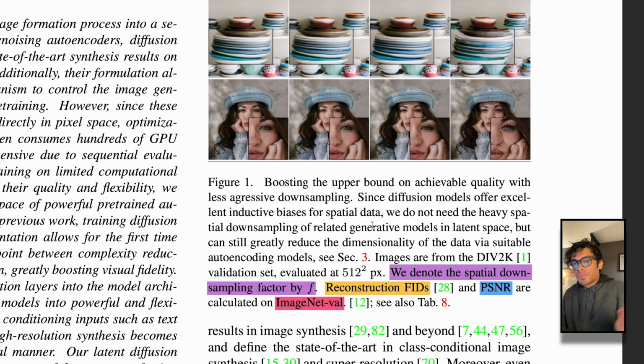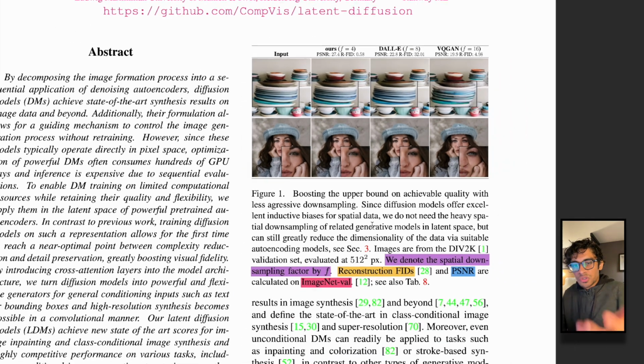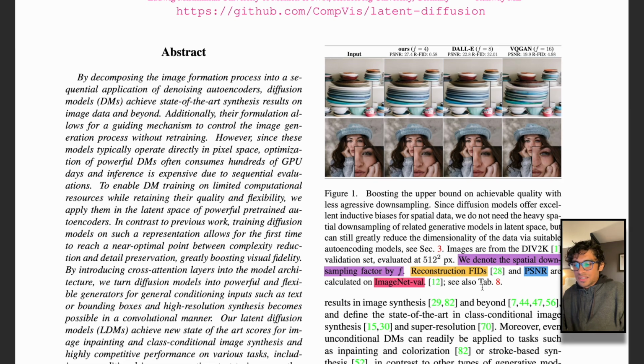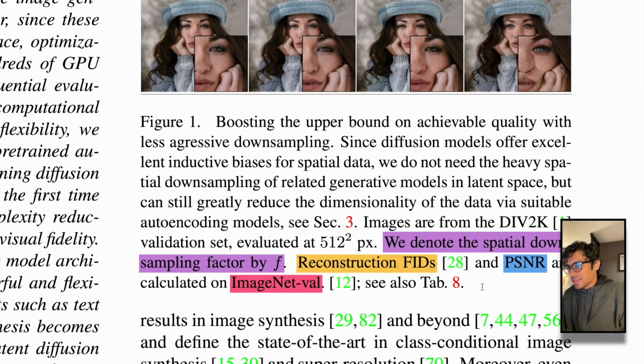If they further develop another model, let's say Stable Diffusion 2, then what would they evaluate it on? There has to be a standard data set which they can reconstruct through their process, and if these values are better with their model, then they will say they beat Stable Diffusion. So that's why they're setting a standard: we'll only take the ImageNet validation set and then calculate these metrics.